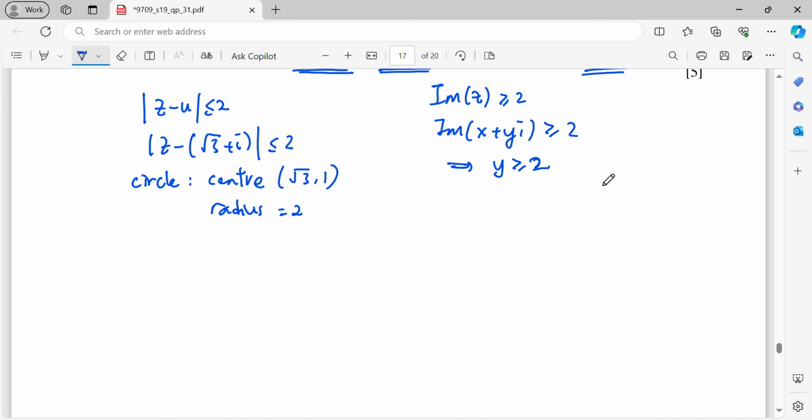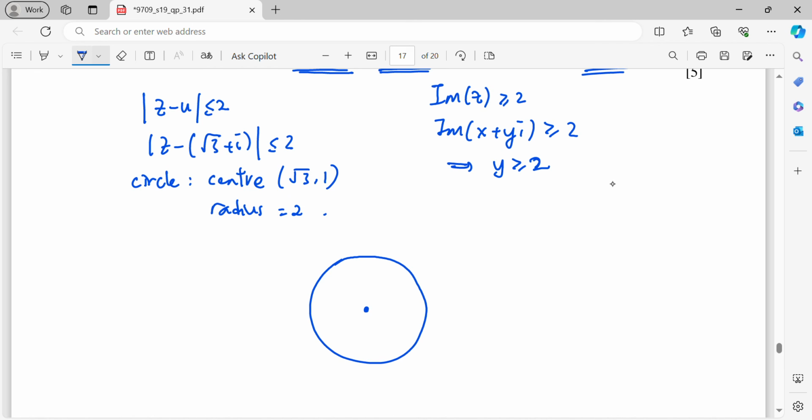Okay, now we need to sketch a circle. Probably I'll sketch a circle first, then I will adjust. Okay, this center is square root 3 and then 1, and the radius is 2. Since this is 1, square root 3 is basically 1 point something, less than 2.